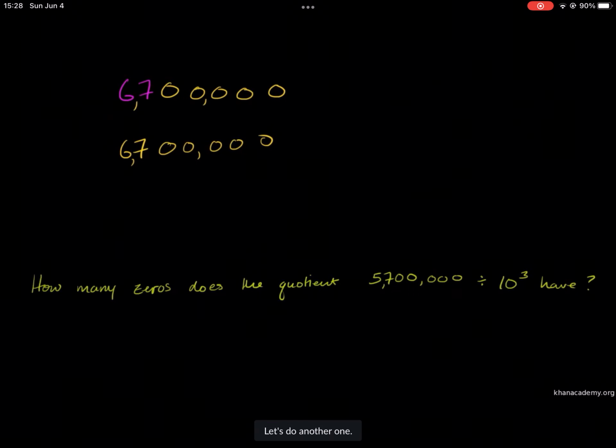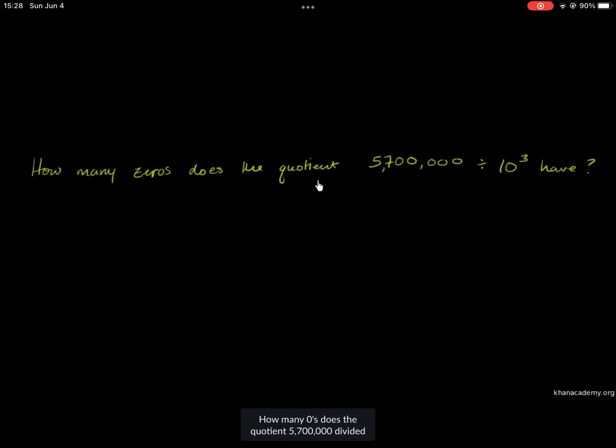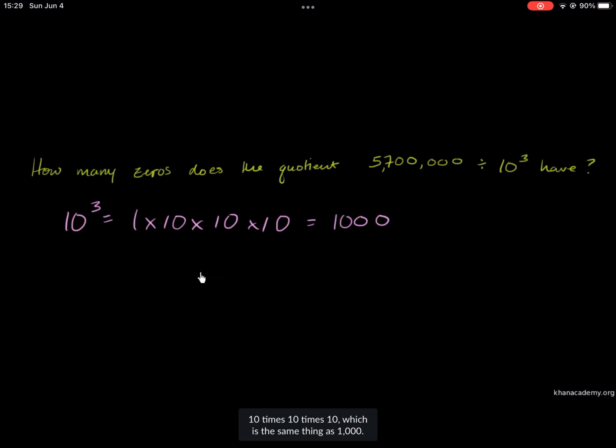Let's do another one. How many zeros does the quotient 5,700,000 divided by 10 to the 3rd power have? Well, 10 to the 3rd power, we already know, that's the same thing as 1 times 10 times 10 times 10, which is the same thing as 1,000.